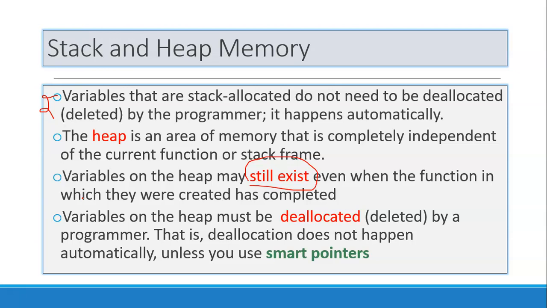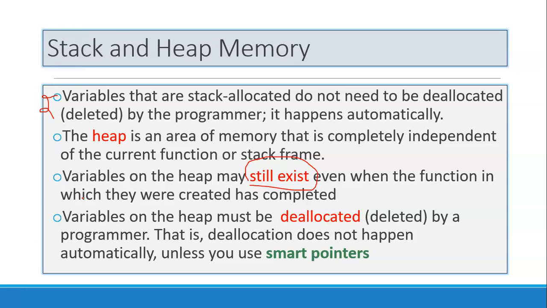As we discussed before, for a stack memory, all the variables that have been declared within a function, the moment the function finishes executing, all the variables are destroyed. In other words, the memory used for that function is released.